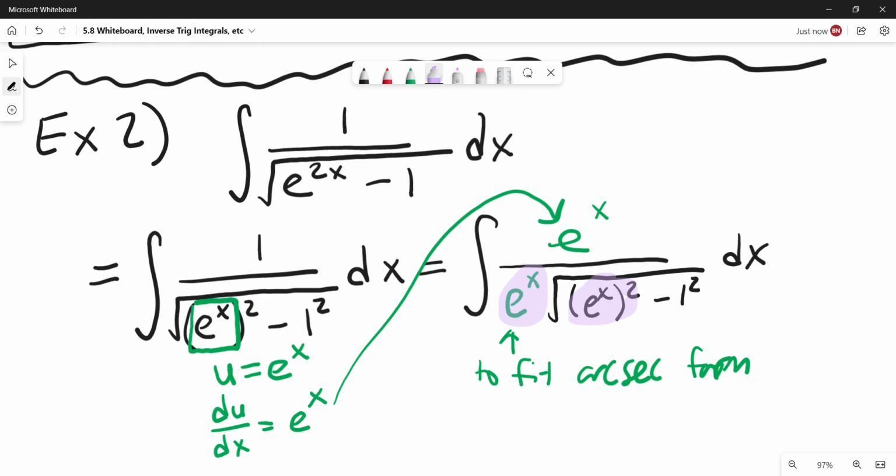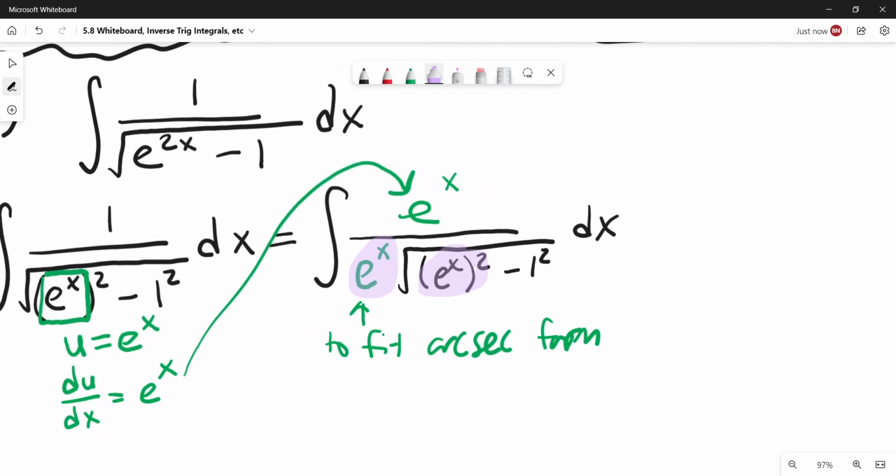So we couldn't have made it an arcsine even if we wanted to. But actually those two things, needing the du dx expression up top, and needing the u expression outside the square root in the denominator, it just so happens that e to the x is both u and u prime here. So what is the answer?